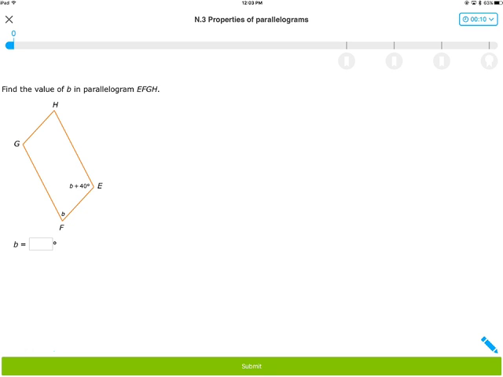Okay, so I pulled up IXL. We're starting on N3 up there, so properties of parallelograms. So right away, find the value of B. Well, I know that these two consecutive angles must make a 180 degree U-turn. So I would say B plus 40 must total 180 degrees.